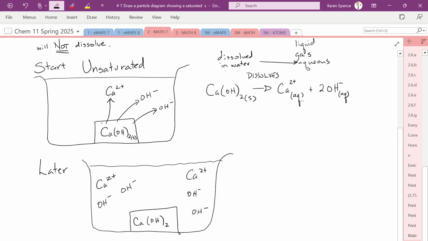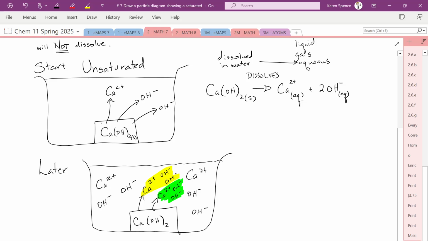But we're still going to have new stuff coming off: Ca2+, OH-, OH-. Ca2+, OH-, OH-. With me? Okay, so that comes off and dissolves.